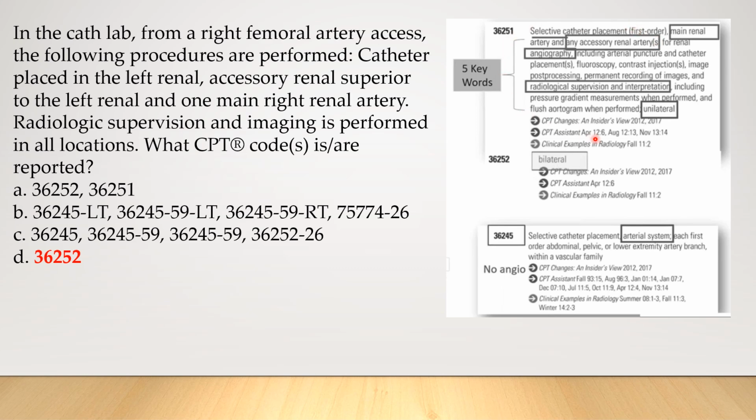So this is one code which includes everything, but it talks about unilateral and we have done both left and right. So we will have to pick up the code 36252, which is an indented code. So I'll read the above code language till the semicolon that is still here and I will use the word bilateral. So my answer will be answer D, 36252.